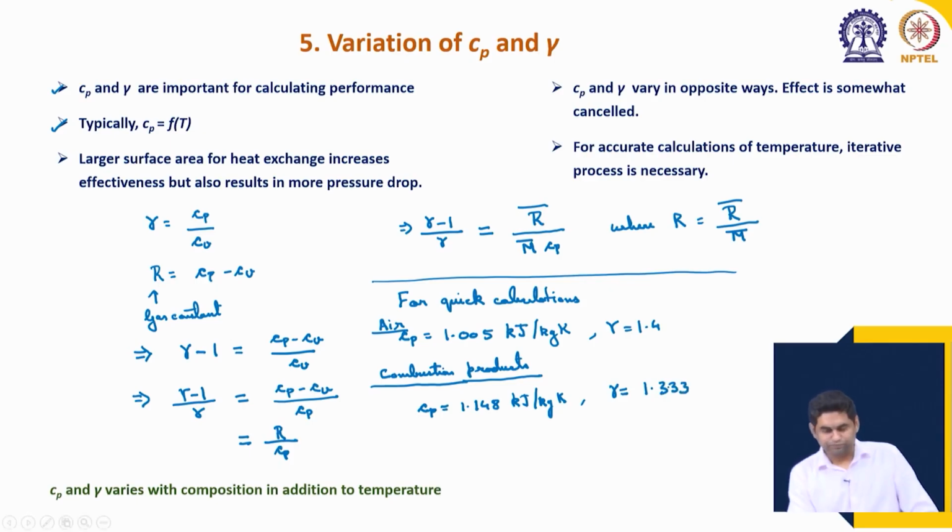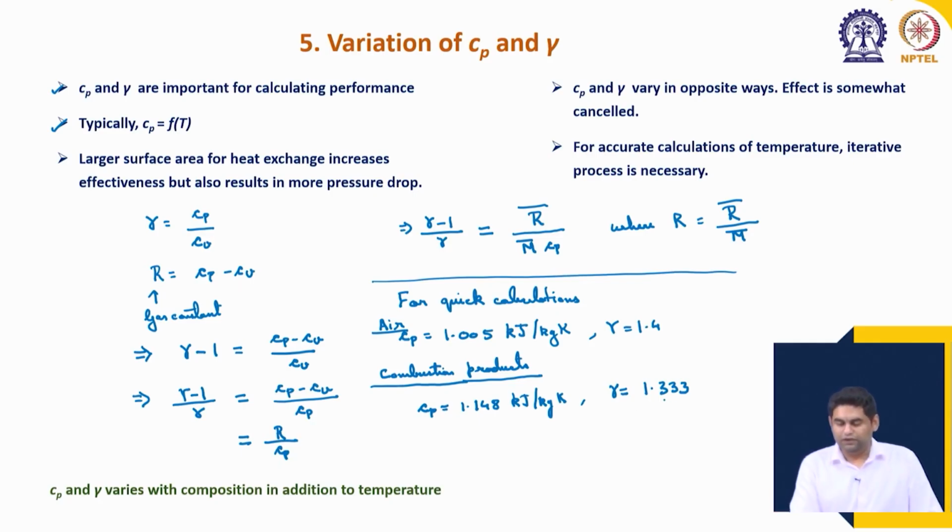I was wrong in the beginning, I misspoke that gamma will depend on the number of atoms, but it is the other way around. Monoatomic gases will have a higher value of gamma and diatomic gases will have a lower value. In this case it is even lower because we have CO2 and H2O. So, this 1.33 is valid for the turbine.